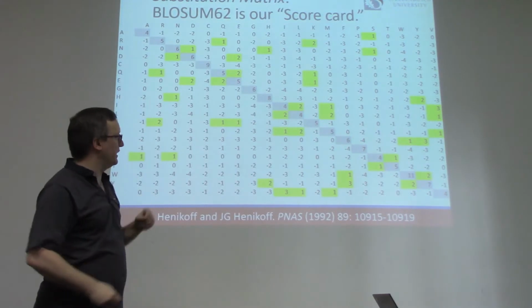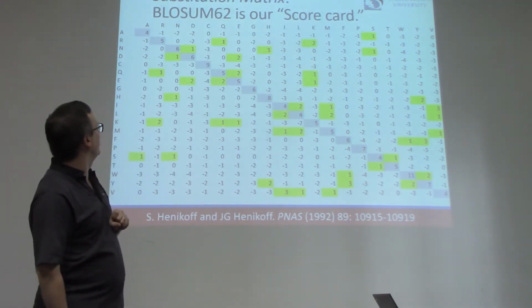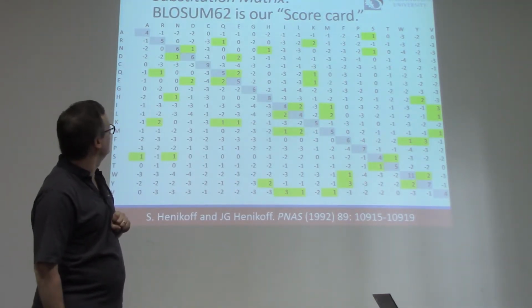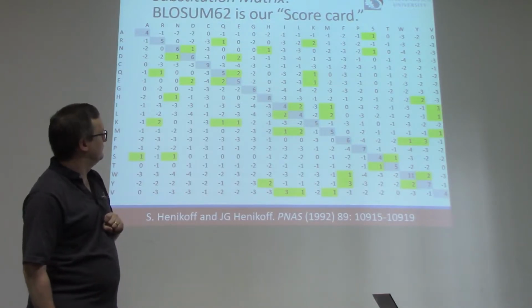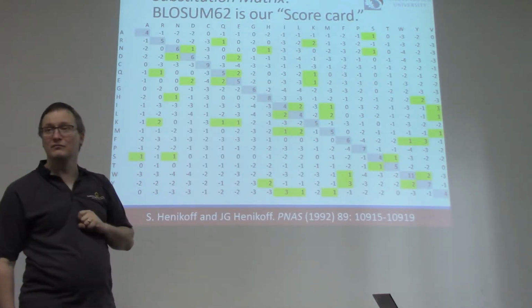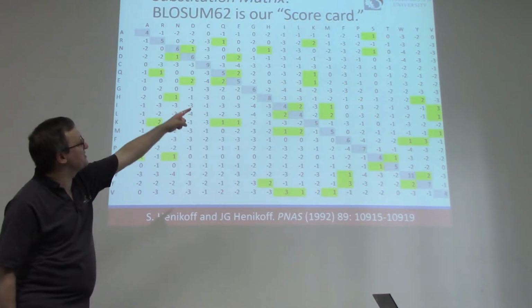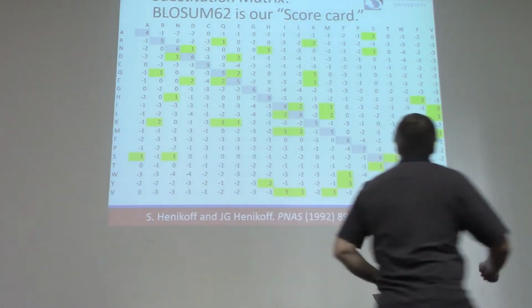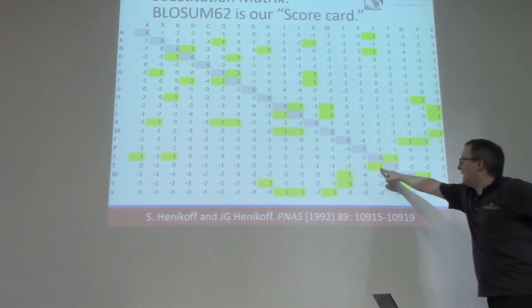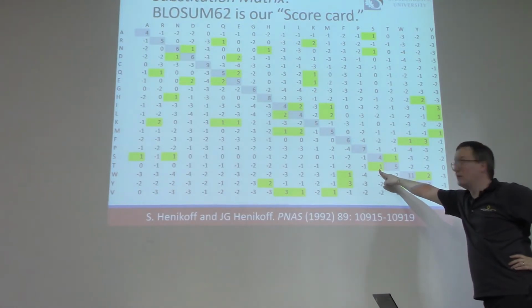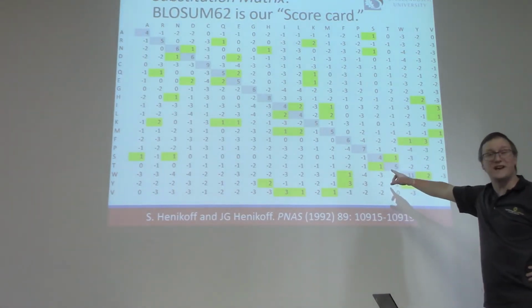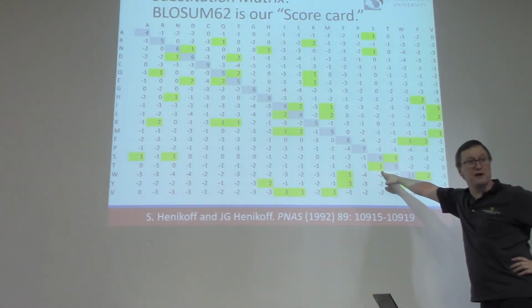What about serine? What do you see for serine? If you look down the serine column, you can see that serine can be replaced by threonine. It happens about twice, 2 to the first power is 1, right?